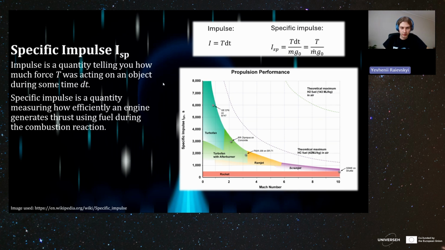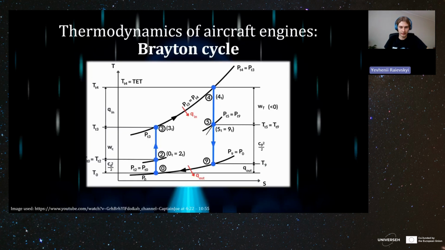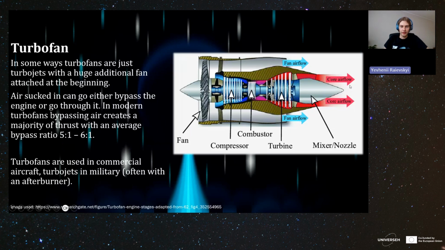The specific impulse is measured in seconds, by the way, which is a very strange unit for this, but it is seconds. A turbofan, as I've told you earlier, has this bigger fan. This is why they are called turbofans, because of this additional gigantic fan in the front of the whole engine.